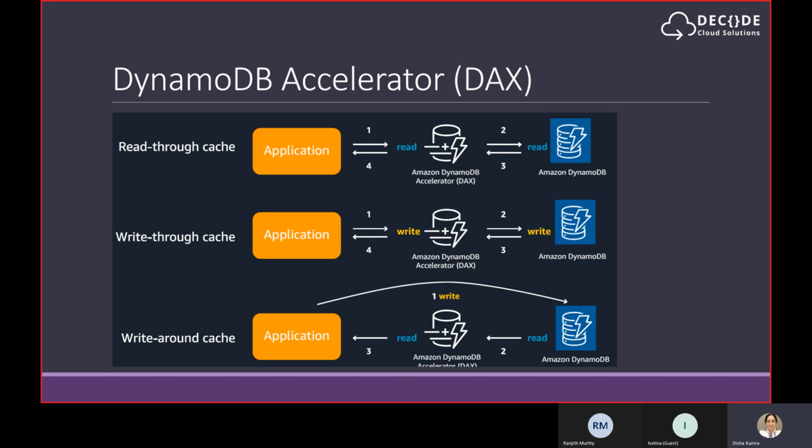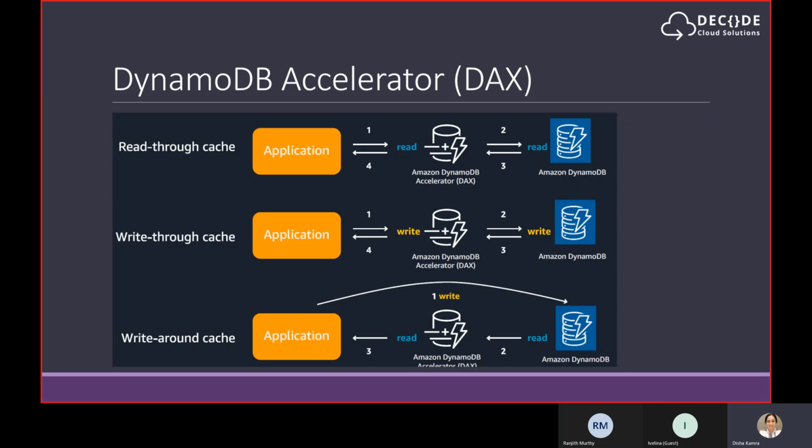DAX is a read-through cache, which means your client does not need to manage populating the cache on the side. You can write through DAX, in which case you are writing synchronously, passing through to DynamoDB in order to automatically update the cache with any mutation, or you can write around DAX and just rely on the next read through DAX to populate the cache.